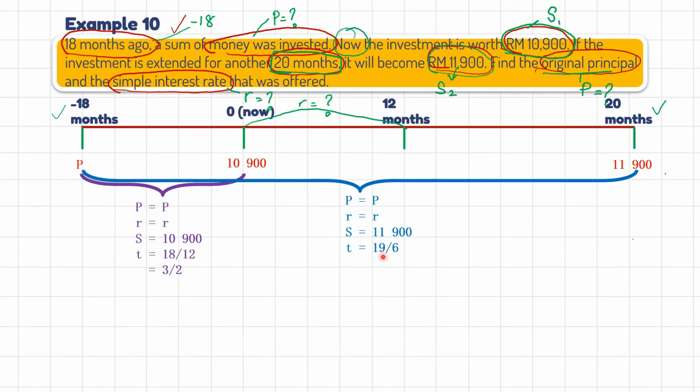Why 19 over 6? Because we calculated from negative 18 to 20 months. So negative 18 to 0, we have 18, plus 20, so we will have 38 months. Since our T should be represented in years, T equals 38 over 12. Then we simplify our T, and that's why we get 19 over 6.